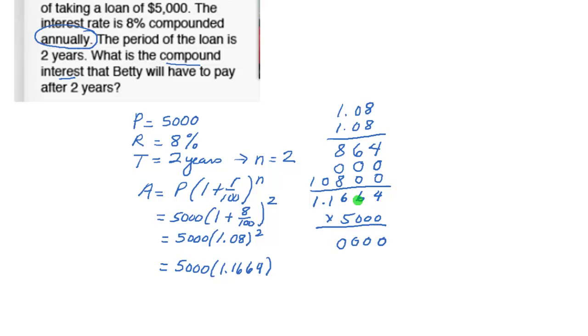Carry the 2. 5 times 6, 30. So that's a 2. Carry 3. 33. Carry 3. 8, 5. And it's 1, 2, 3, 4 decimal places. So $5,832 in the bank, or what she's got to pay for her car. Since $5,000 was the original loan amount, when you subtract that, $832 is her interest. Hope that makes sense.